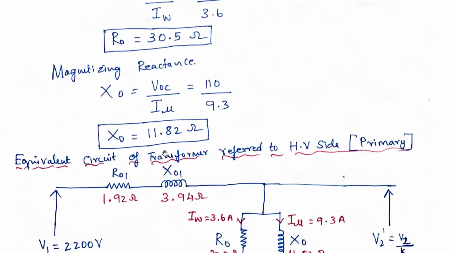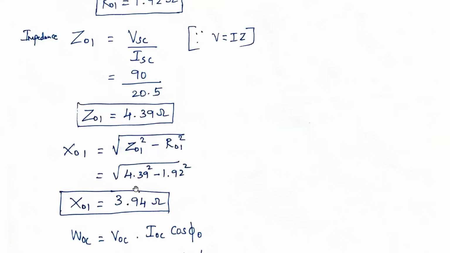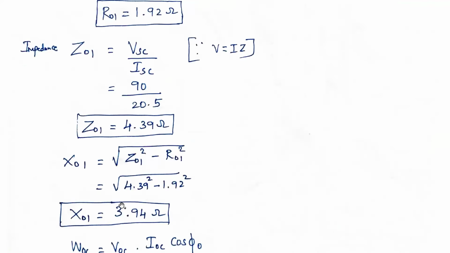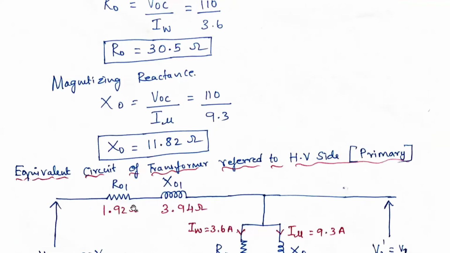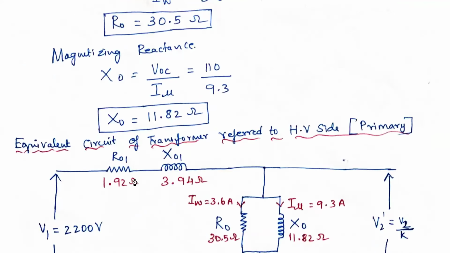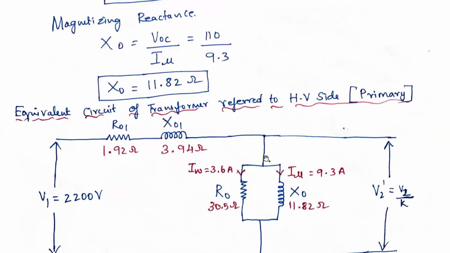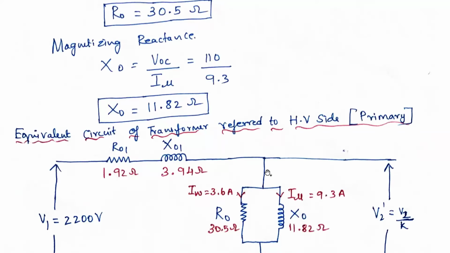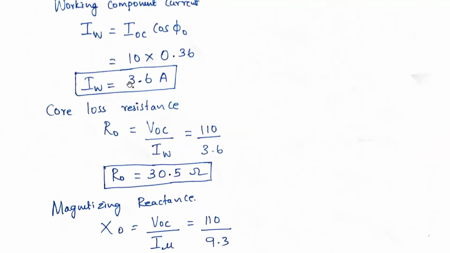Now here it is R01, which we calculated as 1.92 ohms. Next is X01, which we calculated as 3.94 ohms. Now the core loss resistance and the magnetizing reactance, that means R0 and X0. The current flowing through R0 is I_W, which is 3.6 amperes.